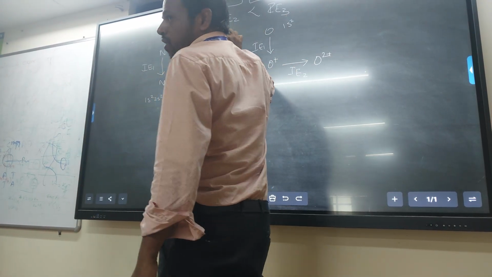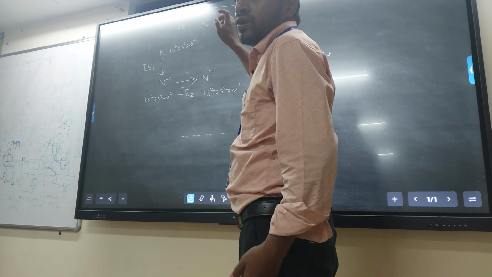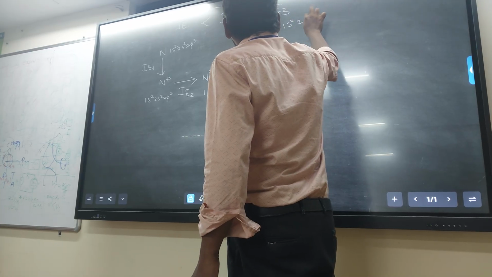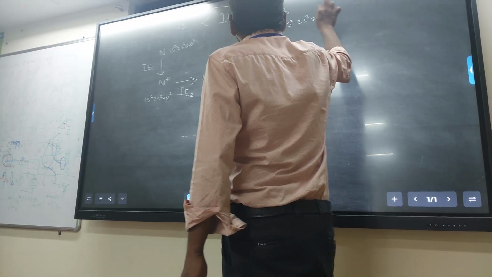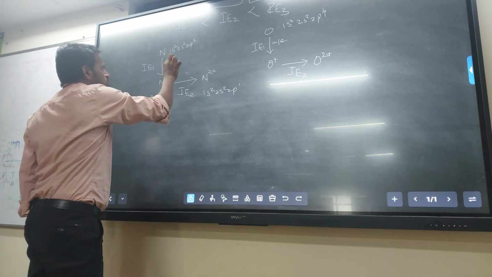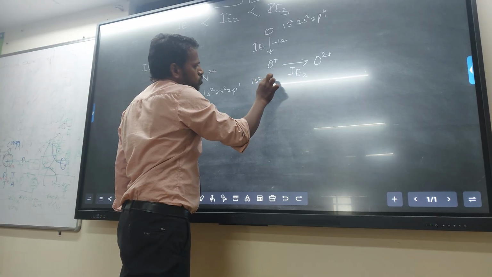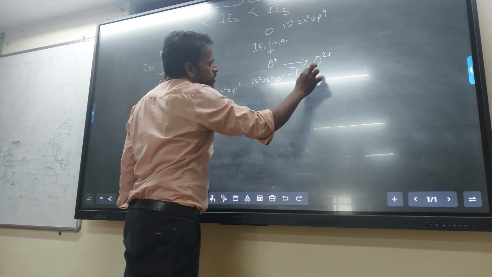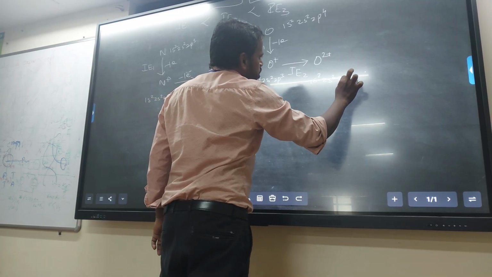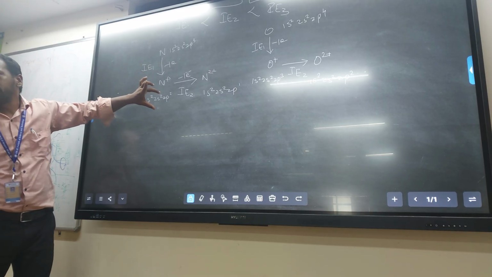What is the atomic number of oxygen? Oxygen atomic number 8. 1s2, 2s2, 2p4. Now you come to removal of one electron, right? 1s2, 2s2, 2p3. Here 1s2, 2s2, 2p2. Think about it, from half-filled configuration to incomplete.